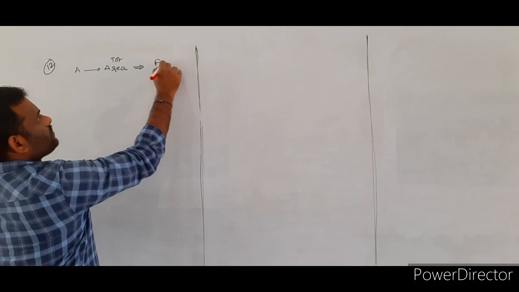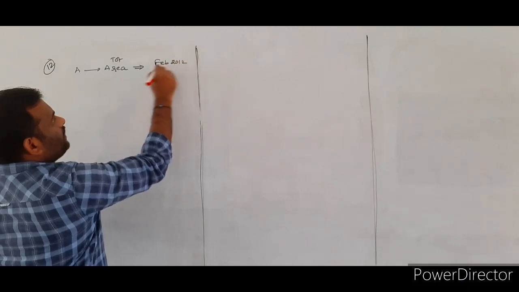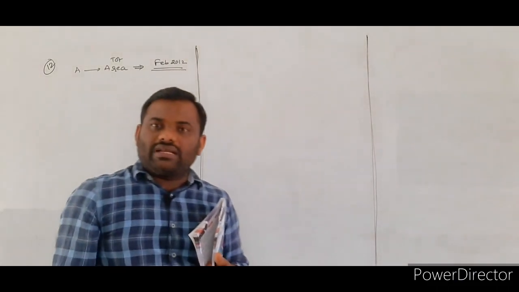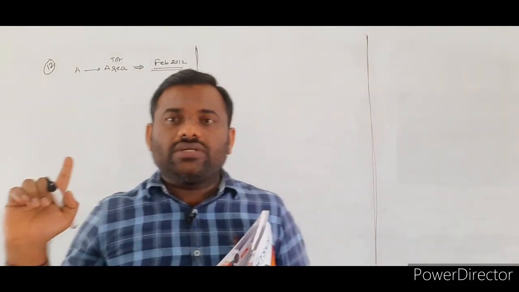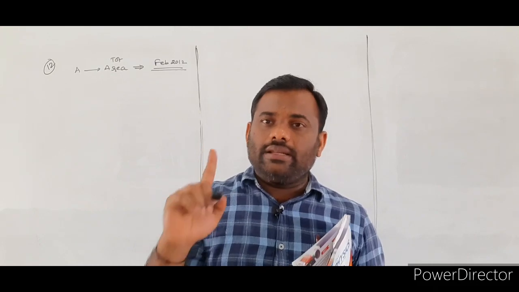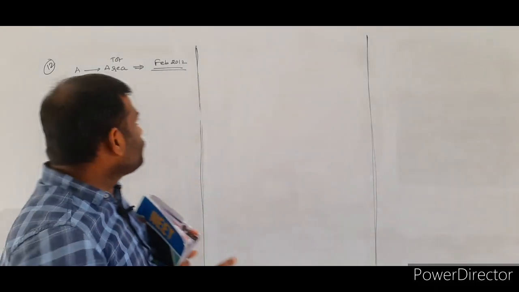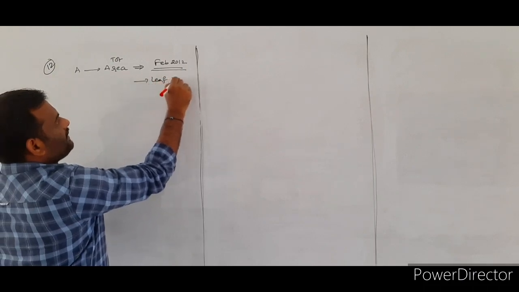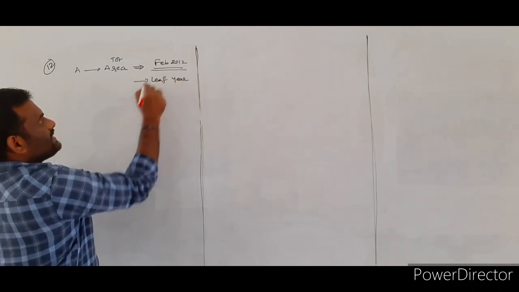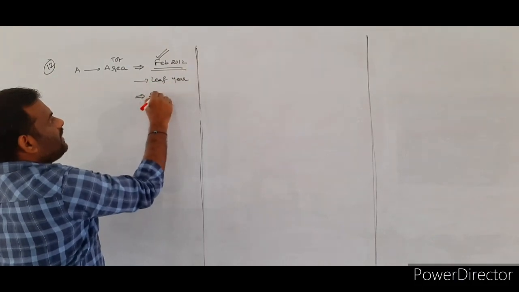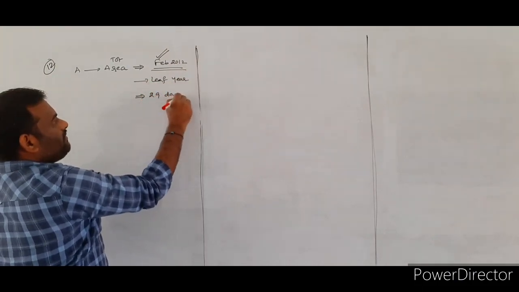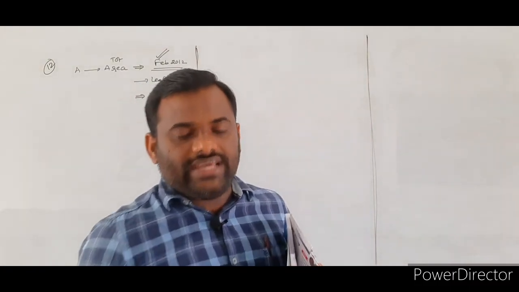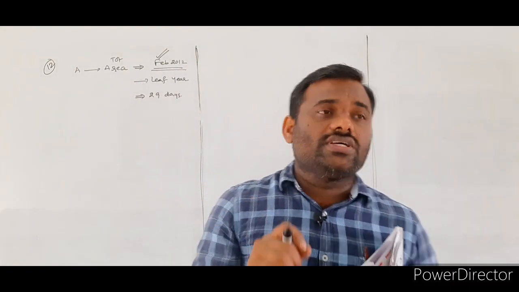2012. So in February 2012, how many days will be there? 2012 is completely divisible by 4, so 2012 is a leap year, so this February month consists of 29 days.